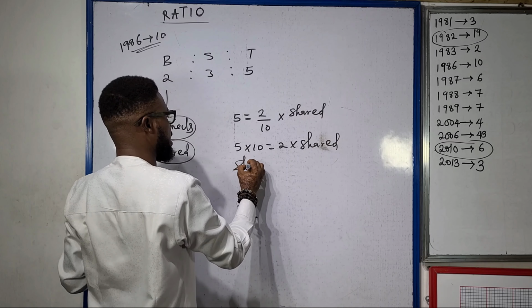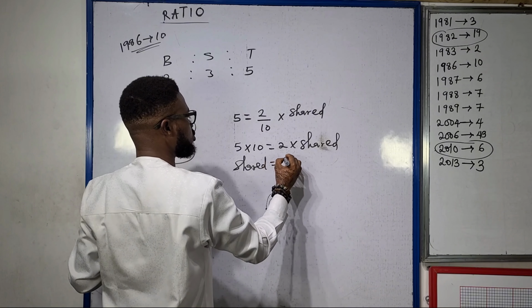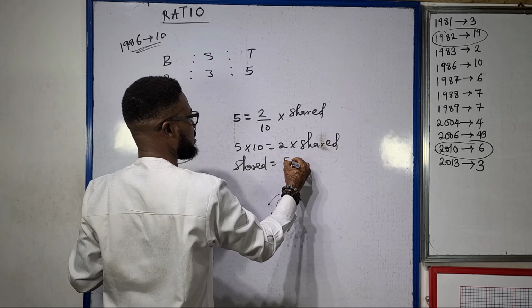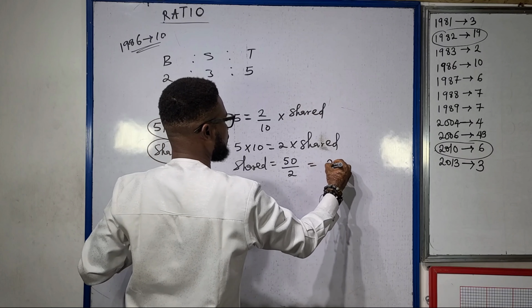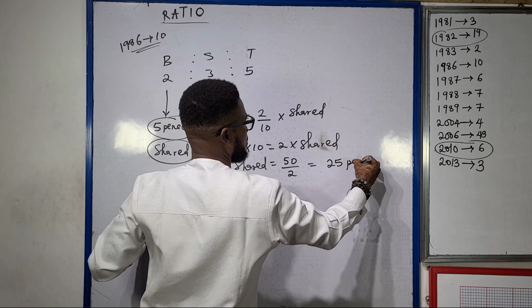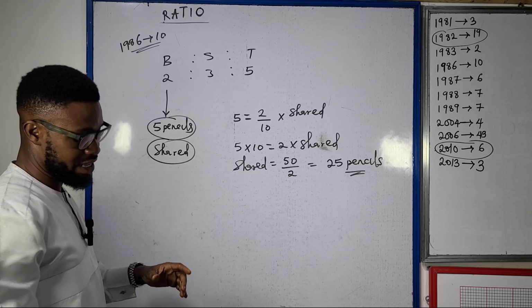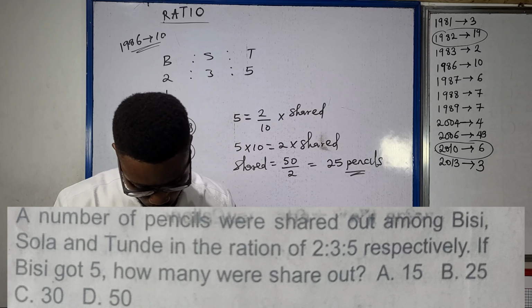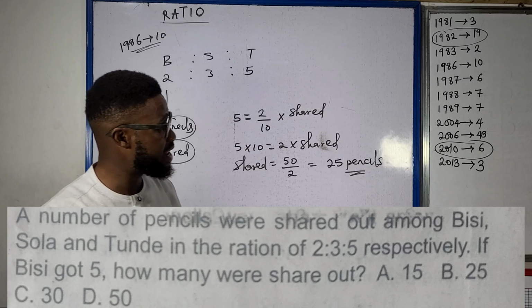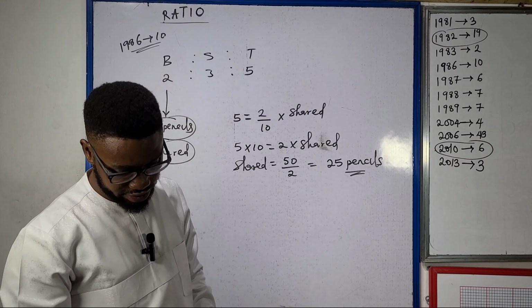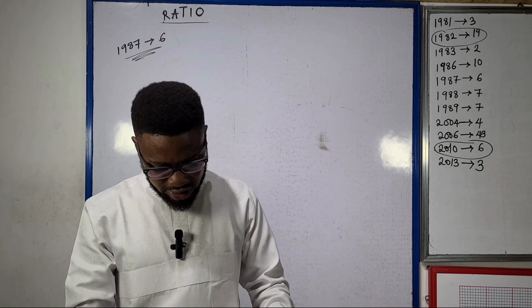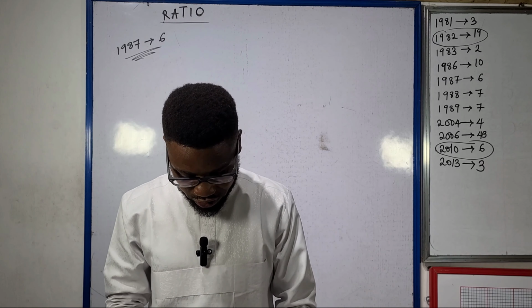So the pencils shared equals 50 divided by 2, and that is 25 pencils. If you look at the options there, that is option B, and that ends 1986 question 10.